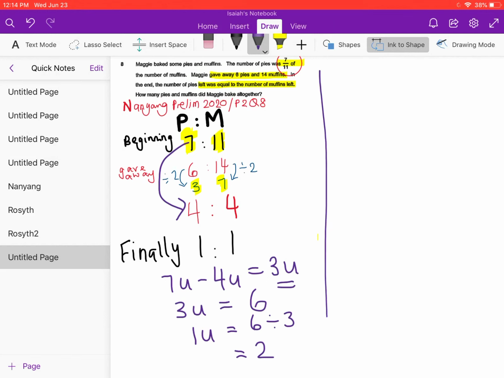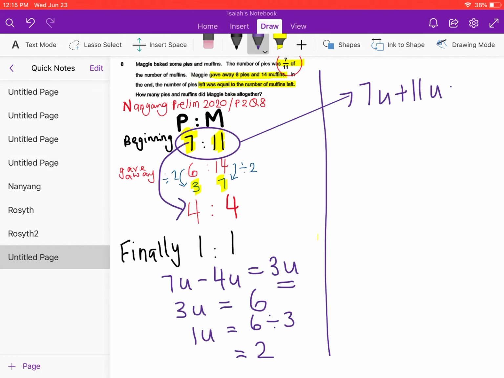But the question asks us to calculate how many pies and muffins did Maggie bake altogether. So we need to calculate the total. So if we were to go back to the top, the total number of pies and muffins will be 7u plus 11u, which is the total of pies and muffins added together. So that will work out to be 18 units.